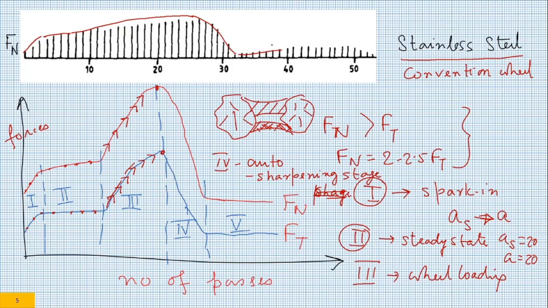Now what is happening here? This is the expression. This is the maximum tangential force. Please look here, I have multiplied it by 2 because this is average. So as this goes up, the amount of force coming on a particular grit also goes up.